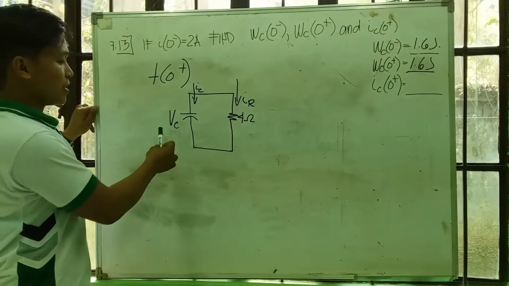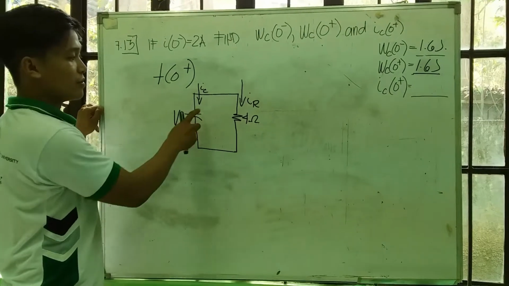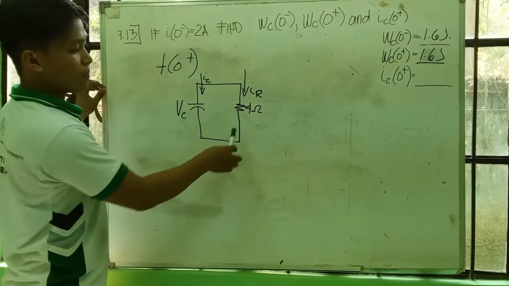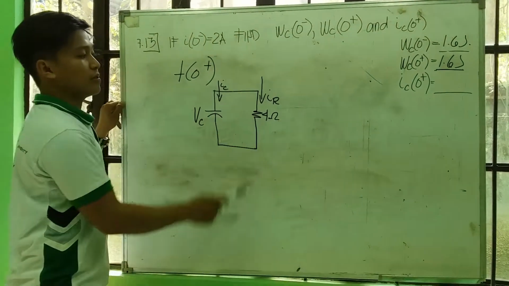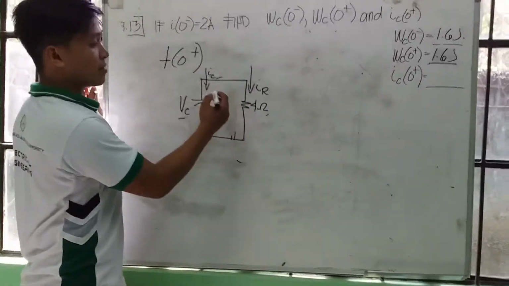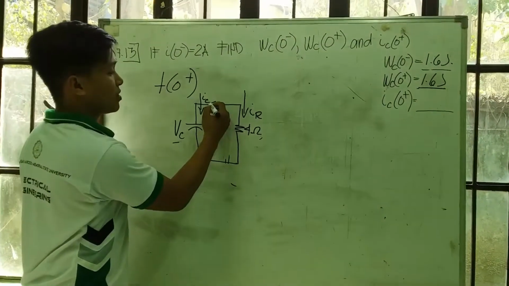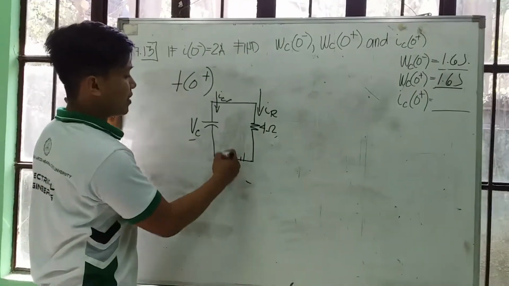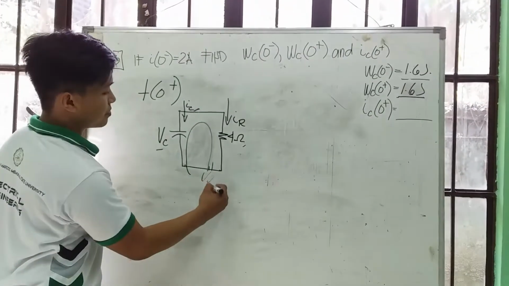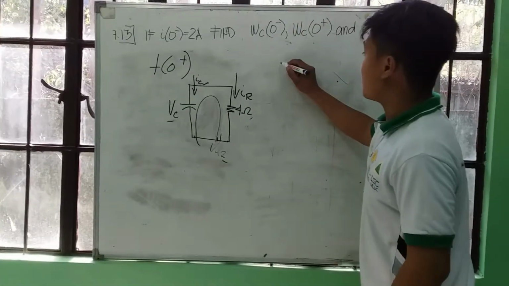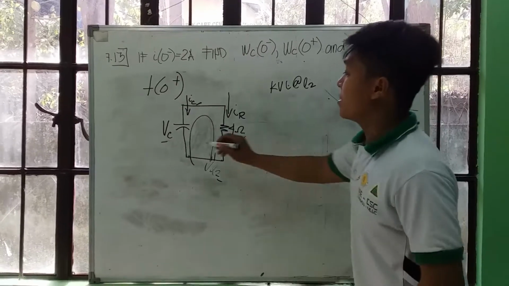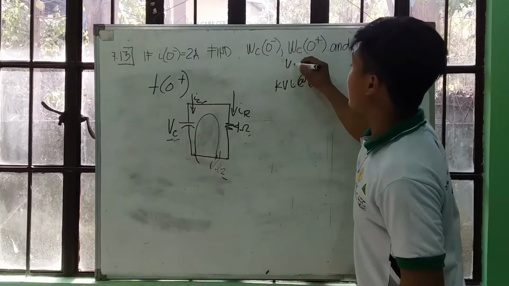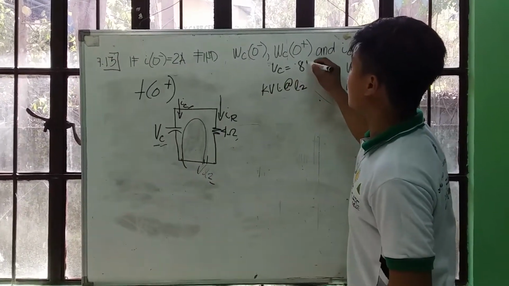We have the voltage of the capacitor and the current at the capacitor, IC, and our 4 ohm resistor and the current at the 4 ohm resistor, represented by IR. To be able to get the value of the current at the capacitor, we will get the KVL at loop 2. KVL at loop 2: VC, we got VC a while ago, VC equals 8 volts.